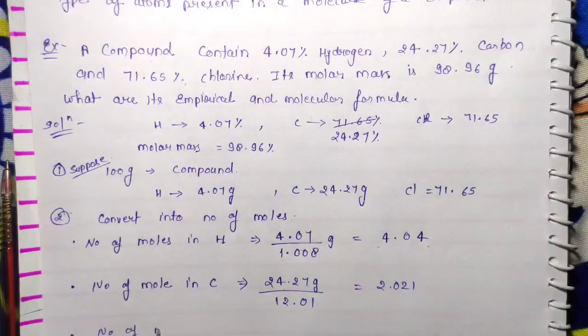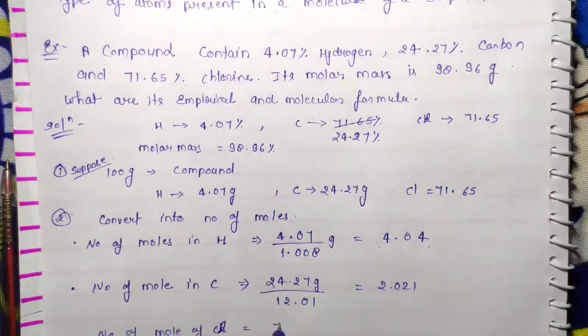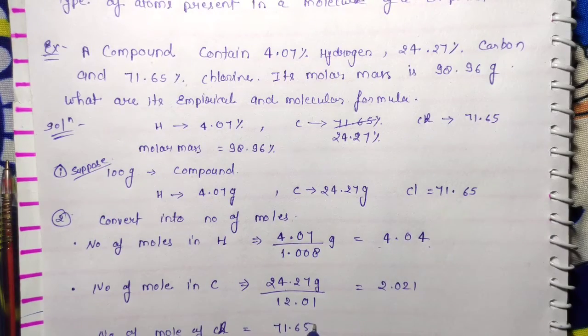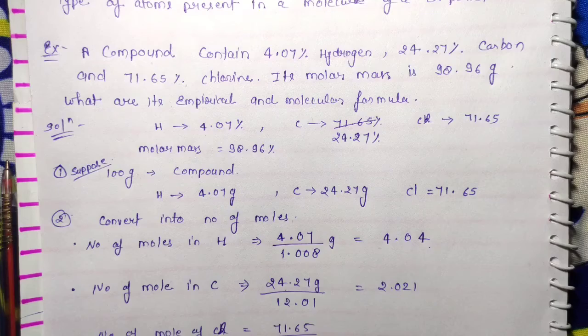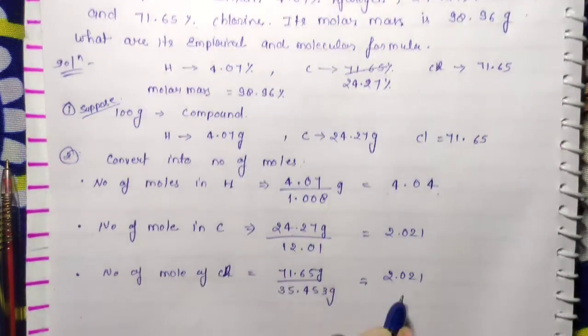Number of moles of chlorine will be 71.65 divided by atomic mass of chlorine 35.453 gram. It is also in gram, so we will get 2.021.